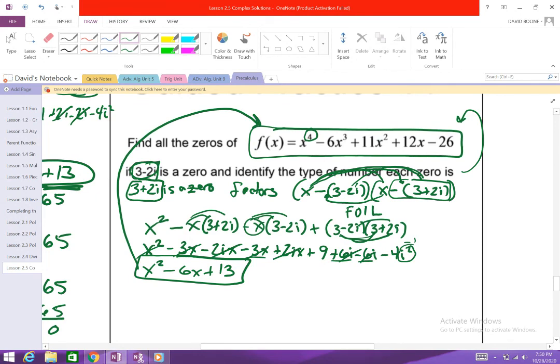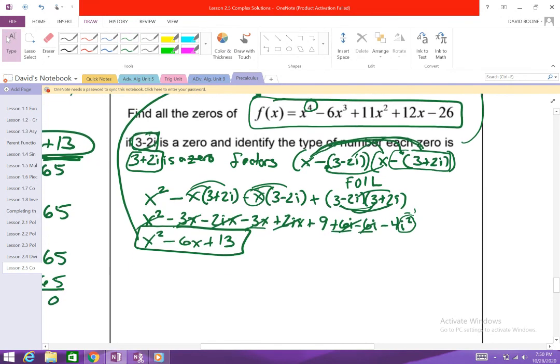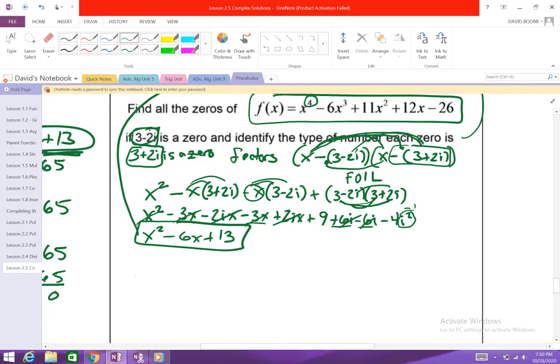So right now I know this is a factor of this, and it goes into that. Now if it goes into that, what I know is I can divide that. I know that this x squared minus 6x plus 13 goes into my original equation of x to the 4th. We'll make sure we keep it in standard form, 4, 3, 2, 1.